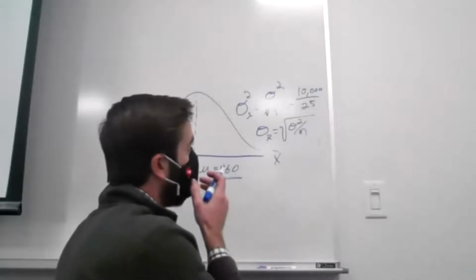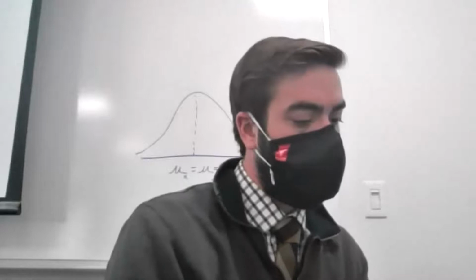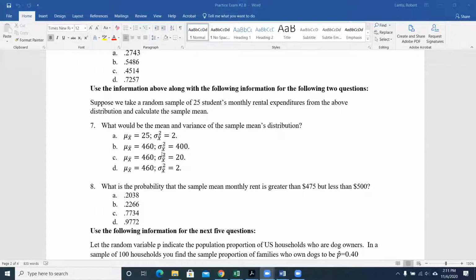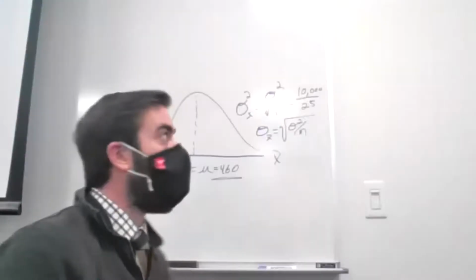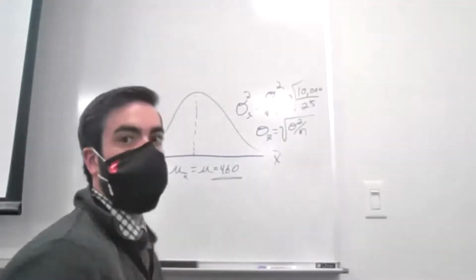So what is that? 4 times 10, so 40, 400? Yeah, 400. Double checking my math here. So we'll get a variance of 400, and then we had that mean of 460. The only other thing I could do differently here is maybe ask you for the standard deviation, in which case you would have done this the exact same way. Just when you got to this point, you would have then also taken the square root. Okay?